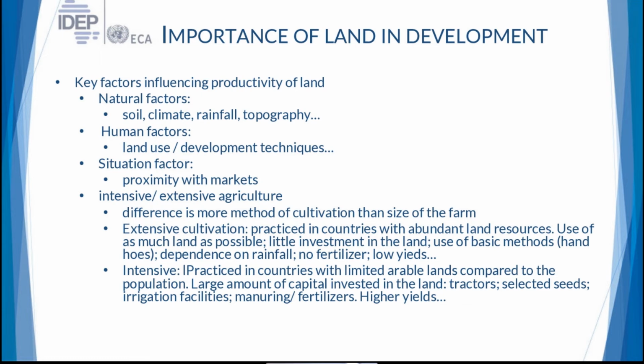This type of cultivation uses as much land as possible. It will make little investment in the land, and it will use basic cultivation methods. It will heavily depend on rainfall, and it's not using fertilizers, and it results in very low yields.